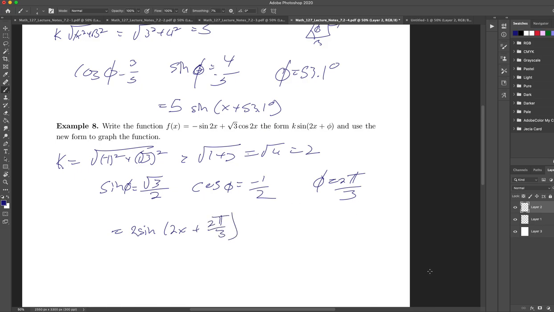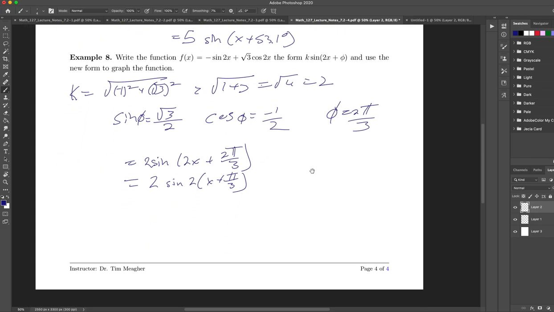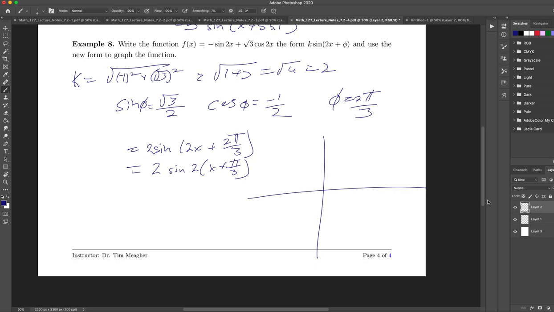And then notice from here, in order to graph it, if I wanted to graph the function, it'd be 2 sine of 2x plus pi over 3. And then here we can just briefly graph it. I'll just sketch it real quick just as a reminder. So here, the plus means I go back pi over 3. And here it's sine, so it starts at 0 here. I'm going to go up to 2. I'm going to go down to -2.